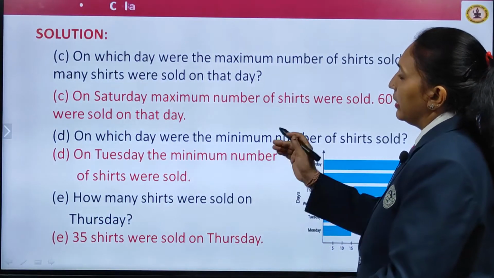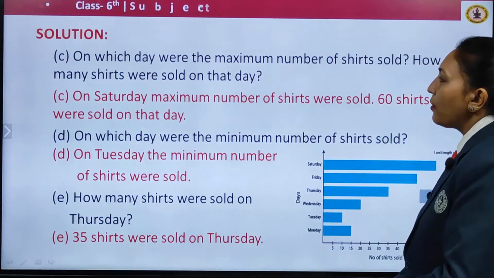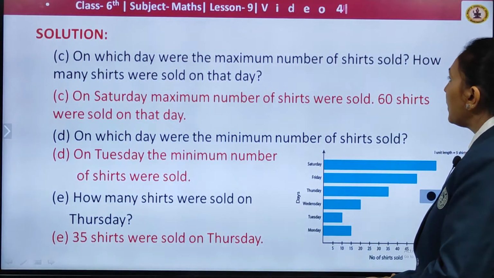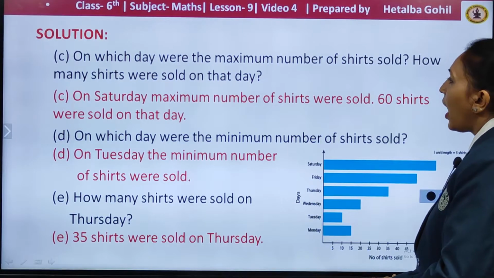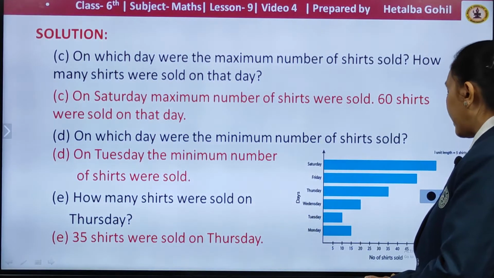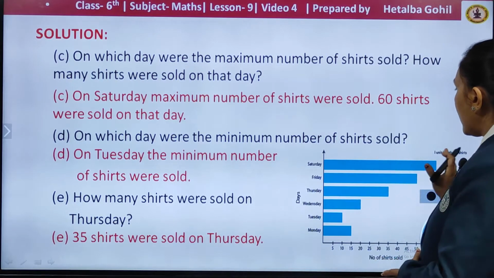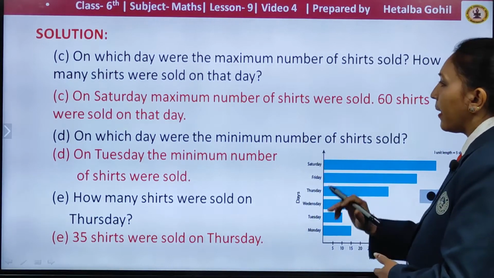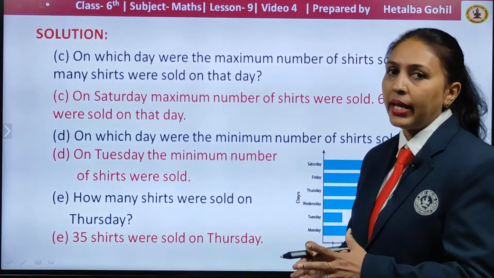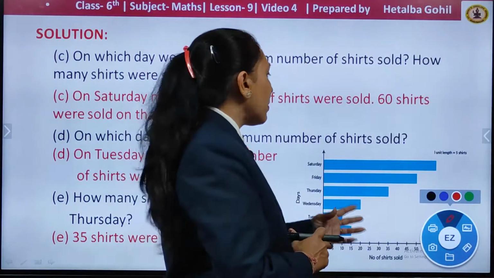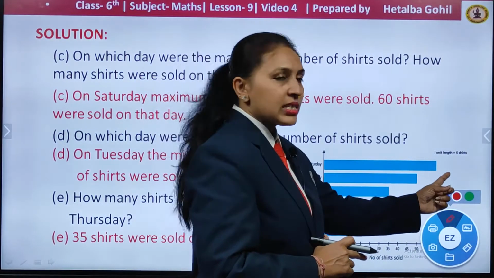Now, third question of the same. On which day were the maximum number of shirts sold and how many shirts were sold on that day? Children, when you observe the graph, you will see that the highest bar is on Saturday. That means on that particular day the sale was maximum. You can see Saturday, the longest bar here.